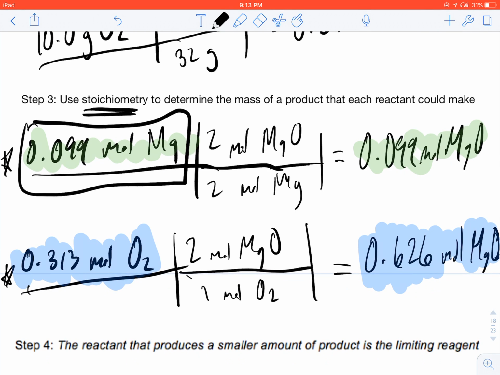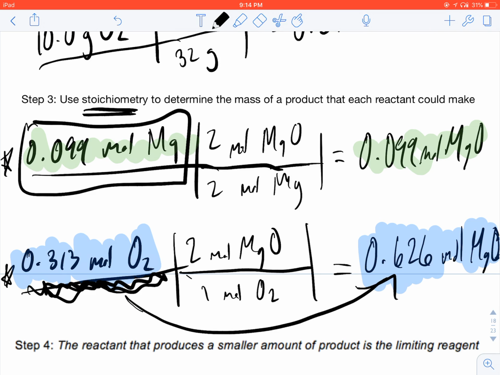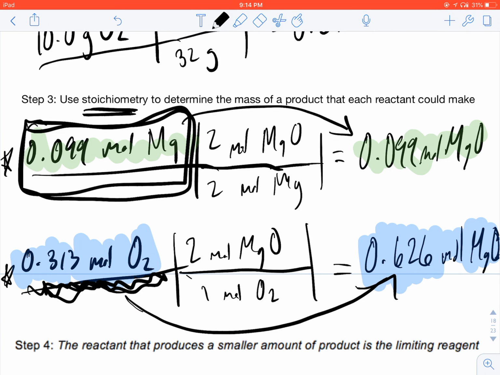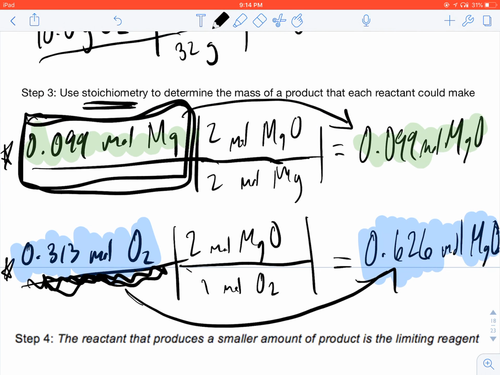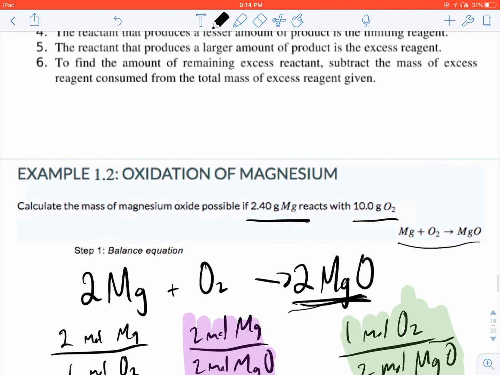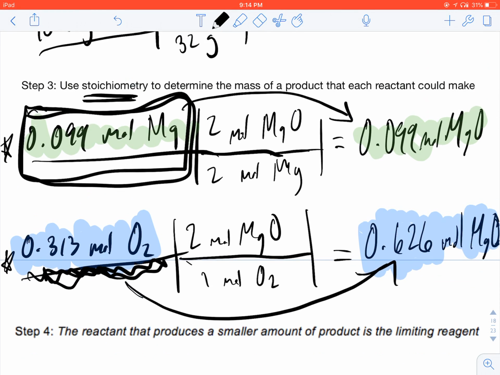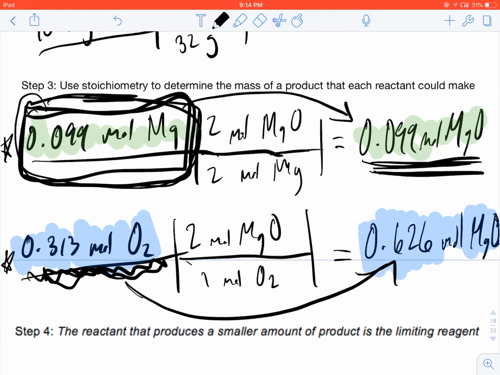Because if we were able to use up all of the O2, we could have made that much magnesium oxide. But since we only have this much magnesium, we're only going to be able to make that much magnesium oxide. So again, that's why I like this approach more, because typically your question is going to ask mass of product or mole of product. So by doing this, we're finding what the limiting reactant is and the moles of the product made.